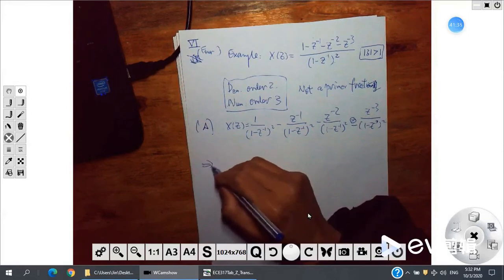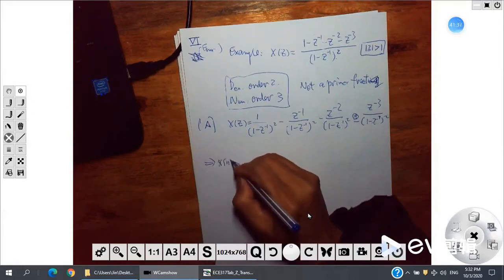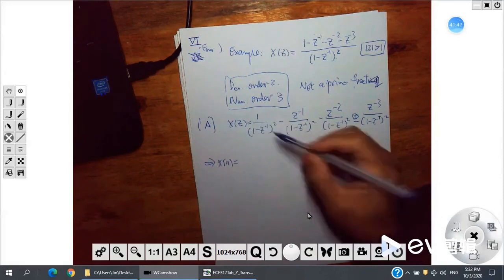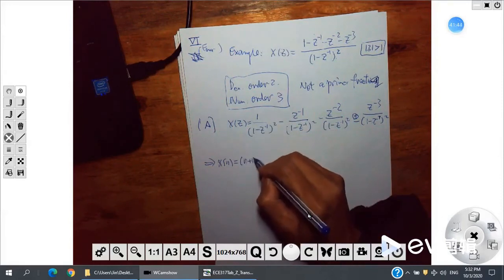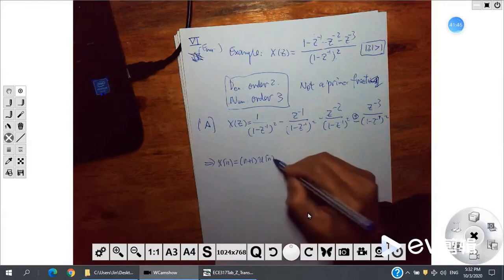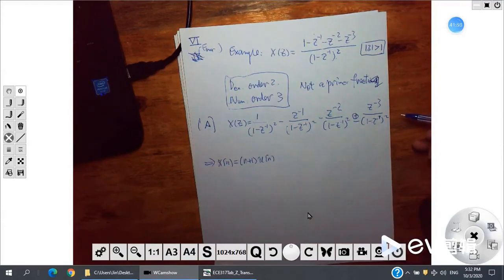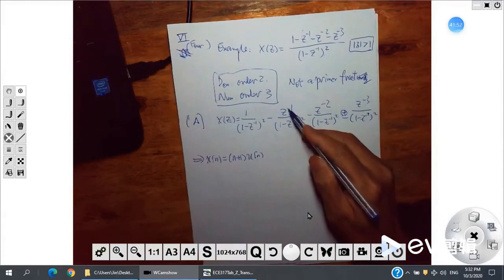Then we have x of n. You see the first fraction is just n plus 1 times u of n. And the second one, I have z to negative 1 here.